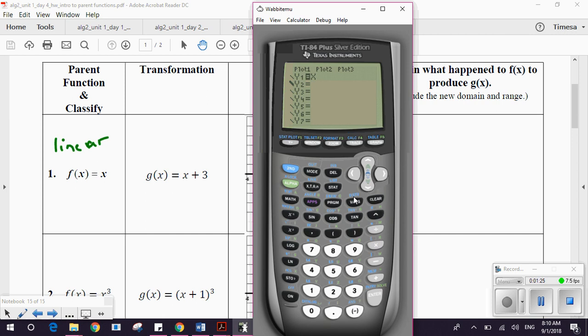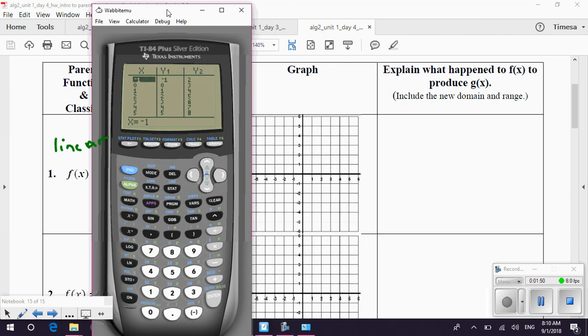And let's graph x plus 3. There's mama, and there's baby. Let's pull up our table and get some good points to use so we can graph.